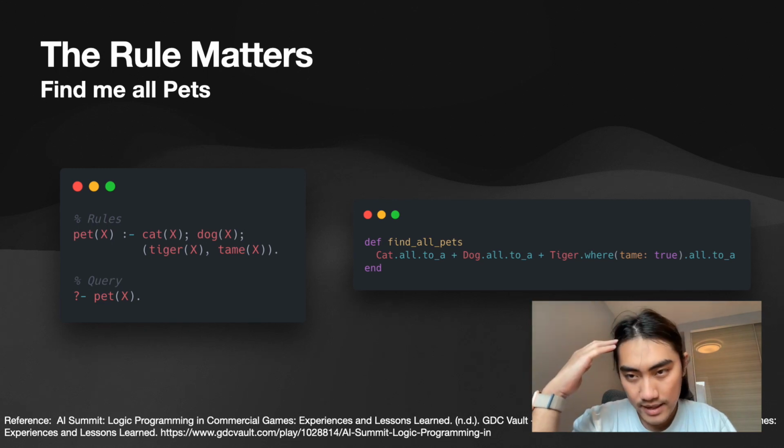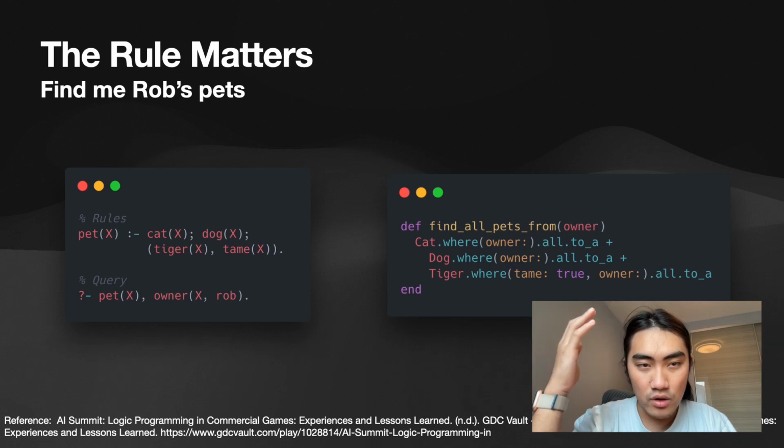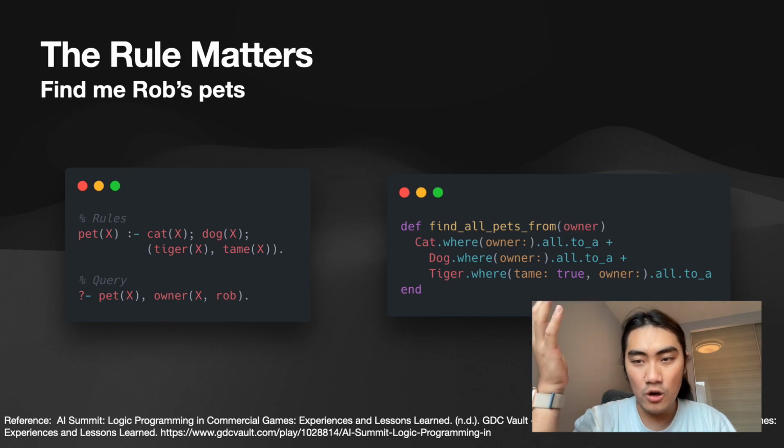And once it gets more complicated, for example, if we need to find all Rob's paths, you will see you have to write totally different Ruby code. But if you are using a logic programming methodology, you will still use the same rules with a different query. The comma here stands for AND logic, and the semicolon here stands for OR logic.